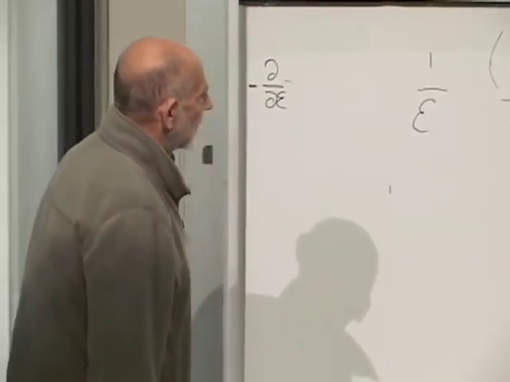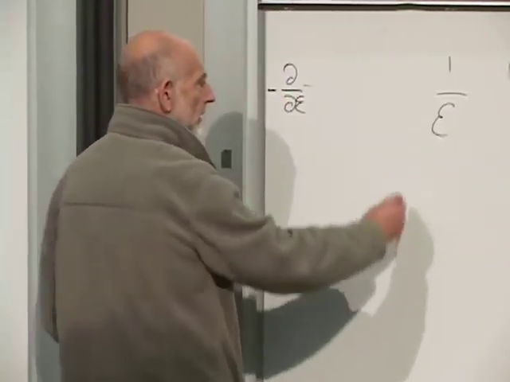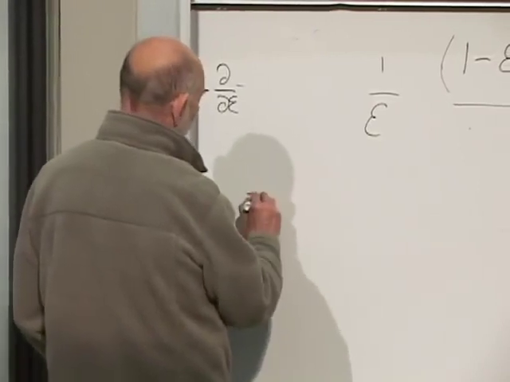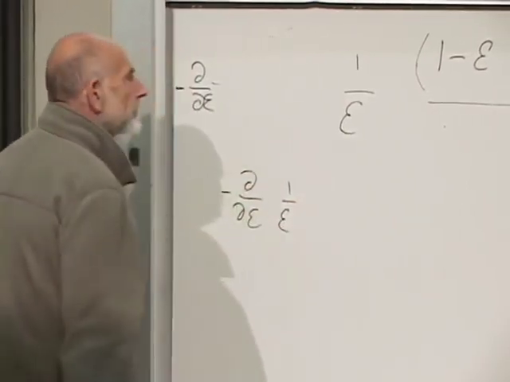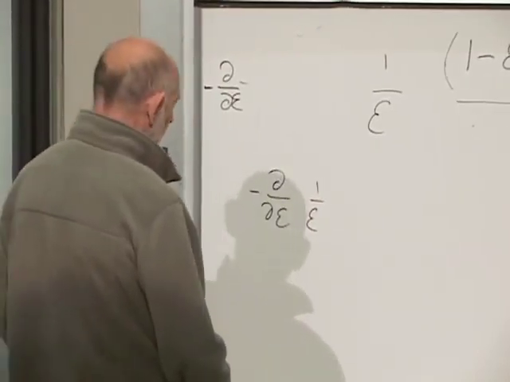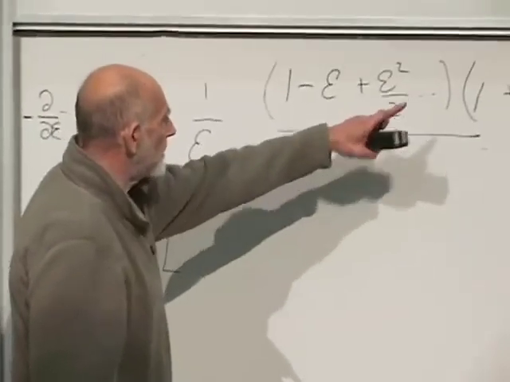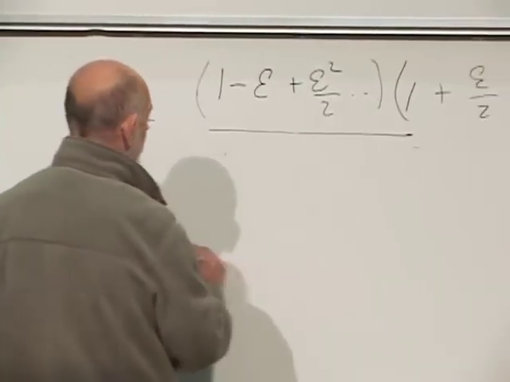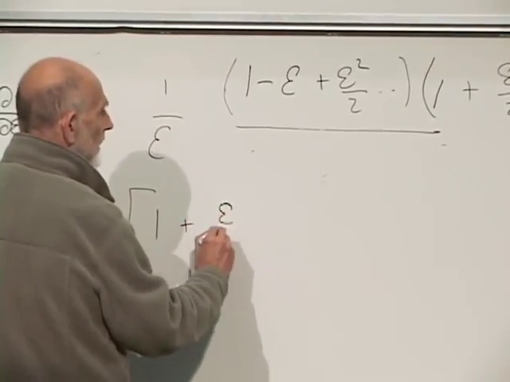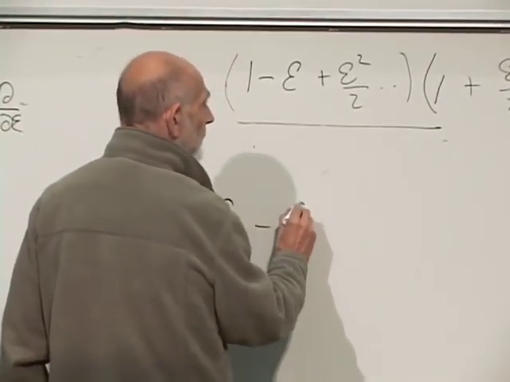Okay, so let's see if we can combine this together. I think the chances that I'll get this right are negligible, but all right, so we get minus d by d epsilon, 1 over epsilon, times, okay, 1 times 1. Let's put in everything that you get from 1. 1 plus epsilon over 2 minus epsilon squared over 6.